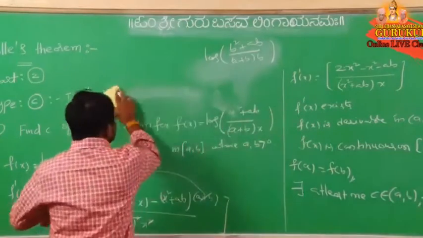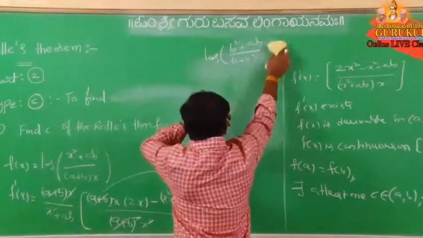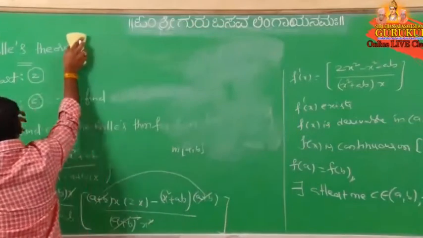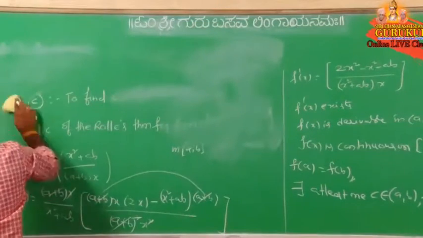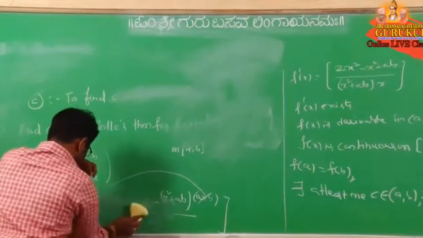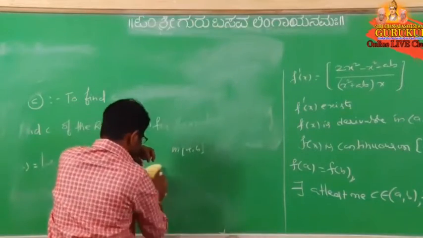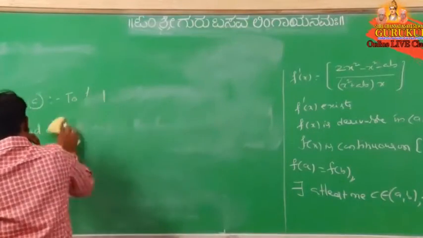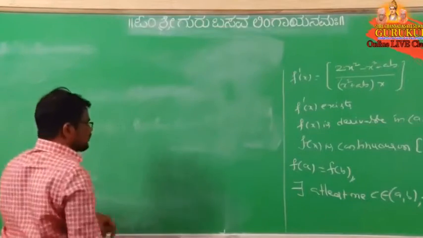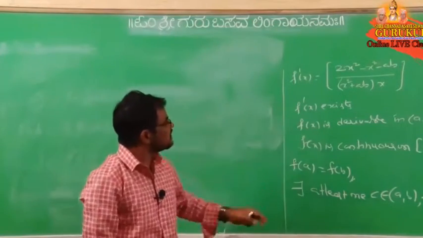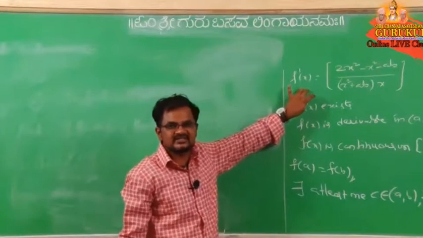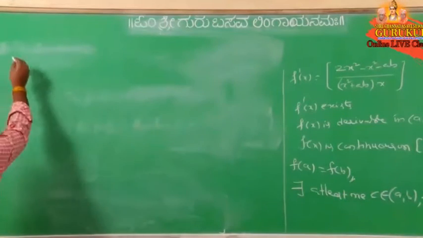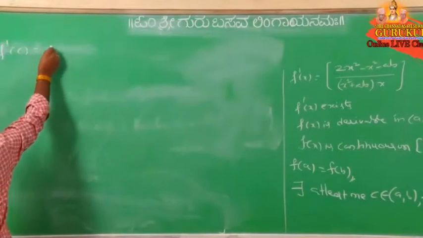Now, what is the f dash of x? This is the f dash of x. Replace x by c. Now f dash of c equal to 0.